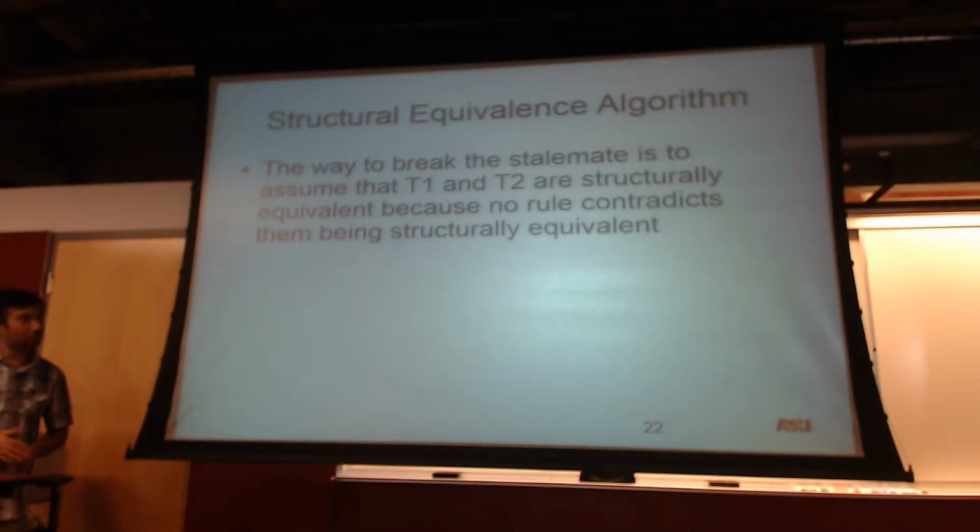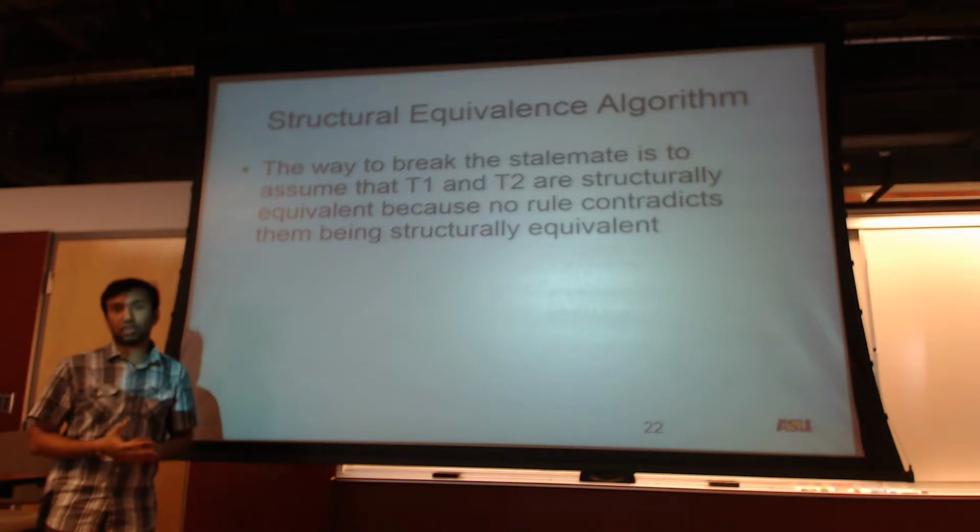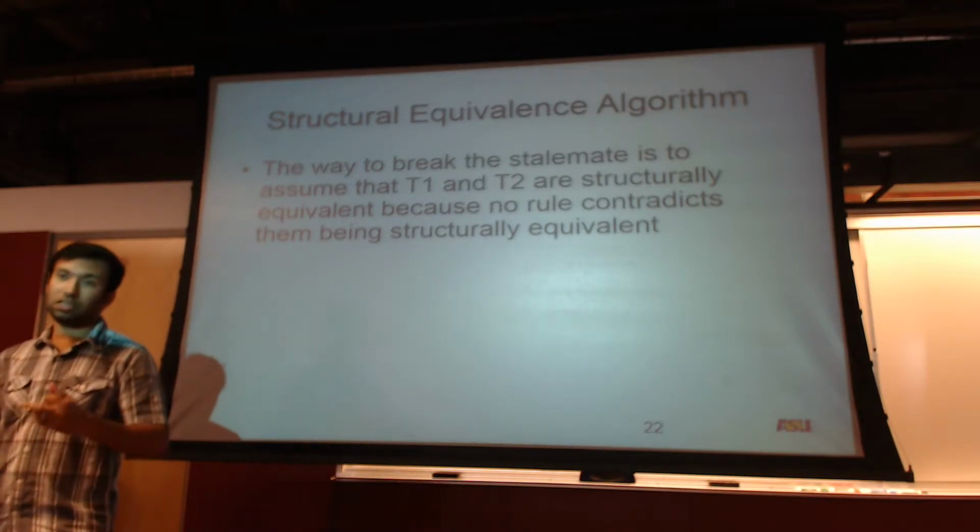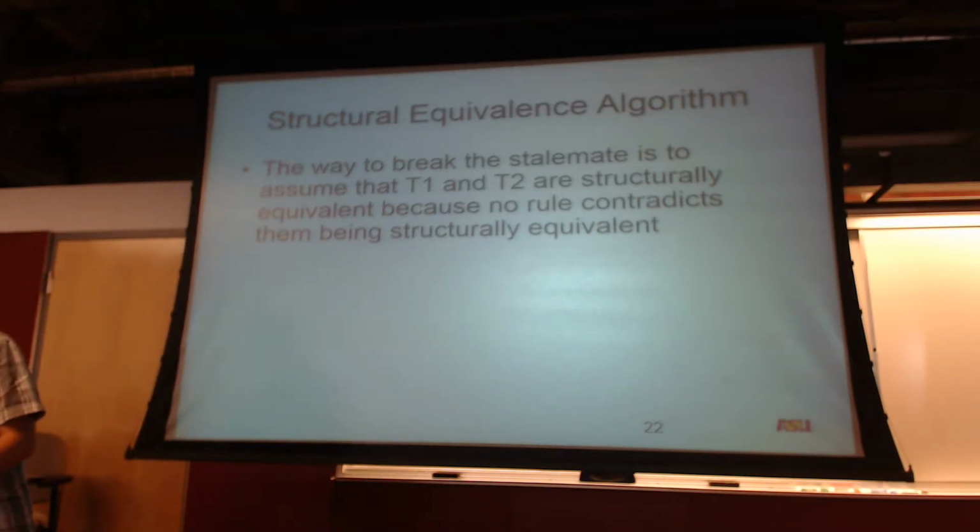How you'll end it is that you assume that T1 and T2 are structurally equivalent. Assume. If while evaluating other types you see that there is a contradiction, then you say that no, T1 and T2 are not. If there was no contradiction, you assume that T1 and T2 are structurally equivalent.